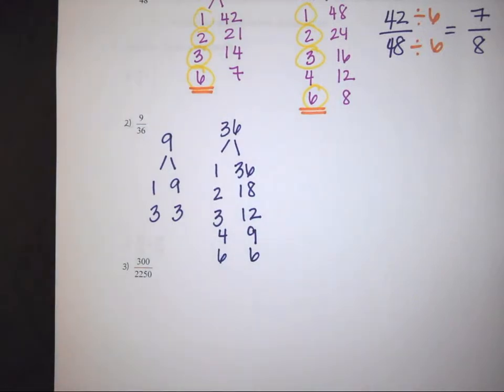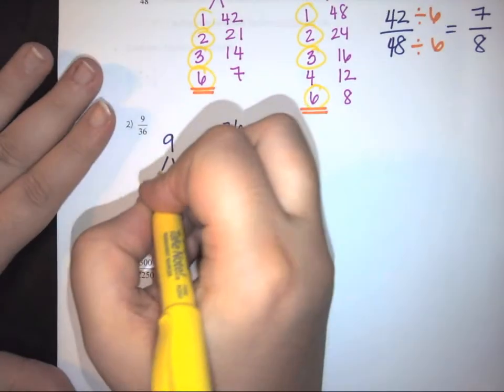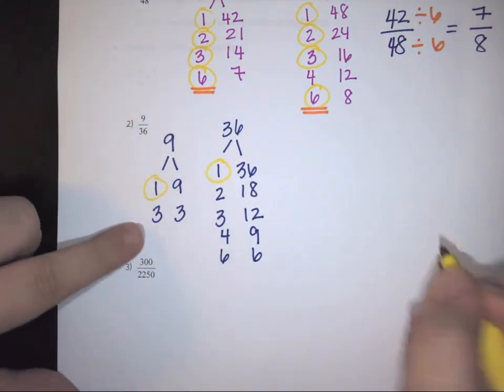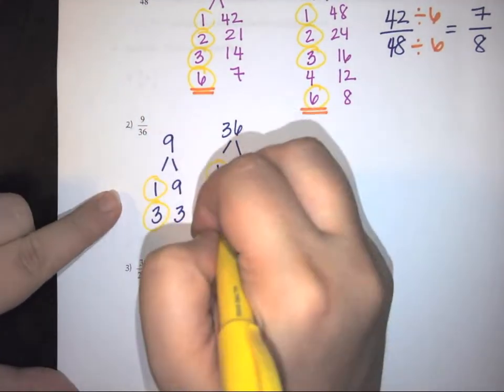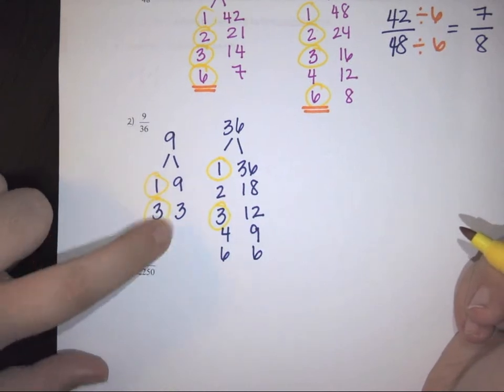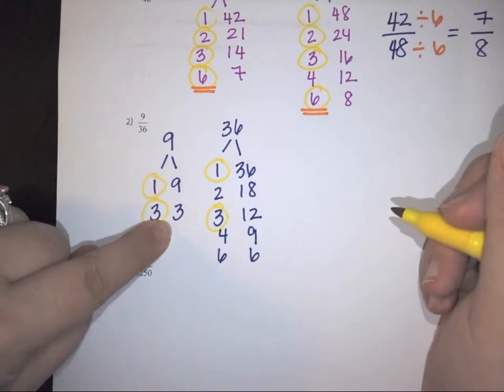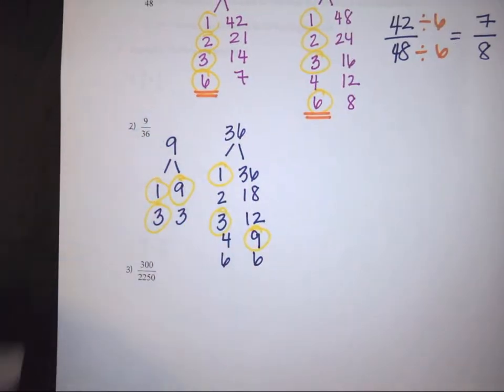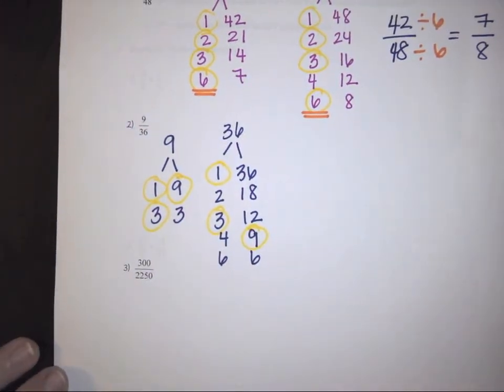So again, I want to look at what are my common factors between these. And so here I have a 1, I have a 1. Then if you look, I have a 3, I have a 3. I already did 3, so I'm not going to do it again. But then I have a 9 and I have a 9. So if we're looking for my common factors, in this case I have 3 of them.